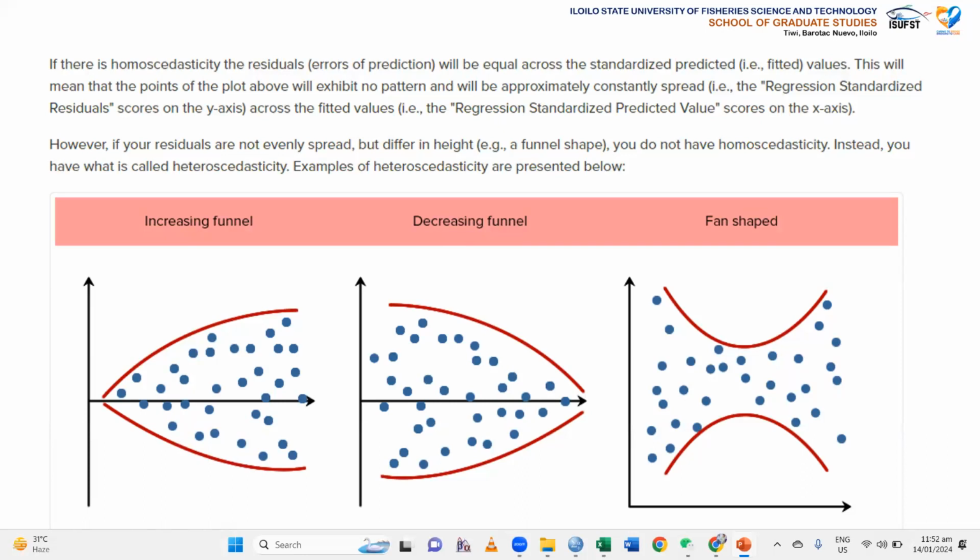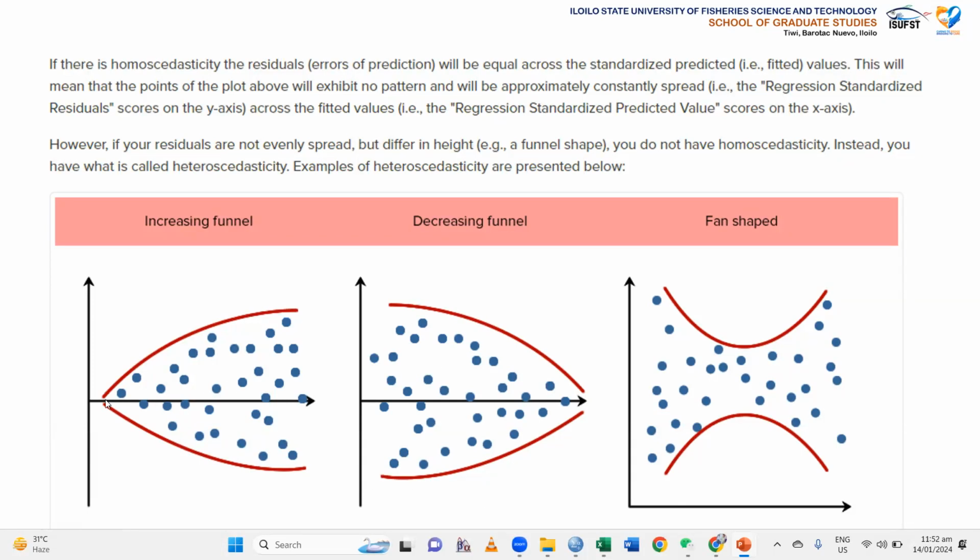However, if your residuals are not evenly spread, meaning may pattern siya, no? For example, they differ in height, or they show a funnel shape. You do not have homoskedasticity. Instead, you have what is called heteroskedasticity. And for example, like this, you have an increasing funnel.